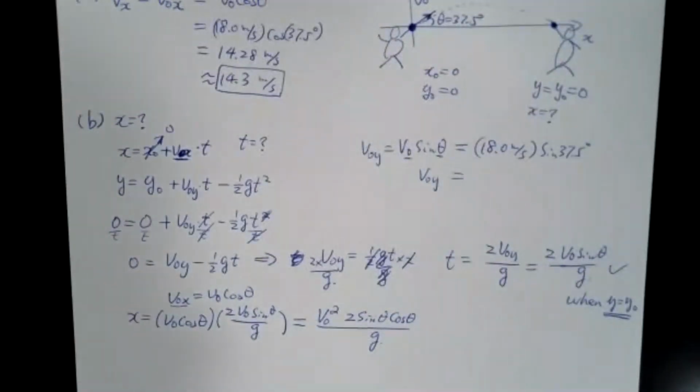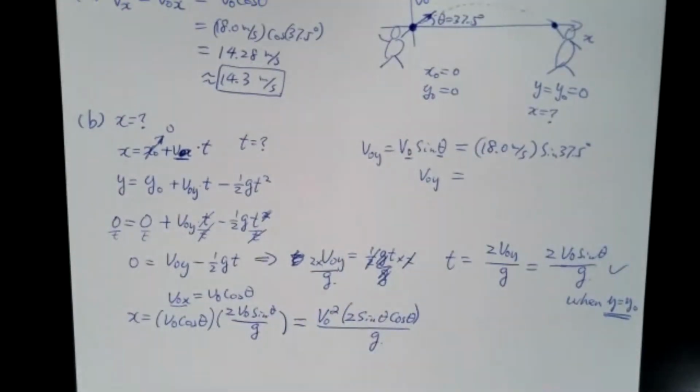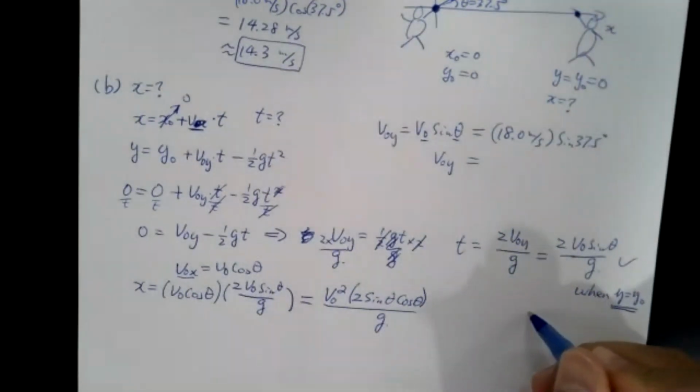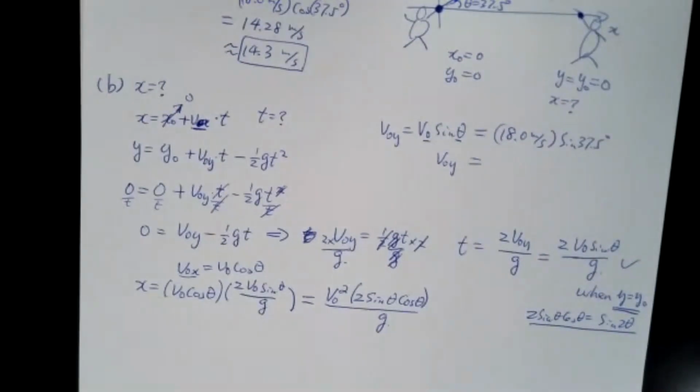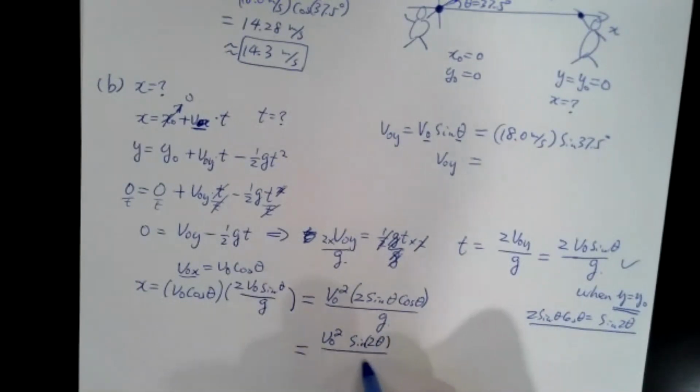Now I look at this expression, twice sine theta times cosine theta. If you are good at trigonometry, you will realize that 2 sine theta times cosine theta equals sine of 2 theta. So this is v0 squared sine of twice theta over g.